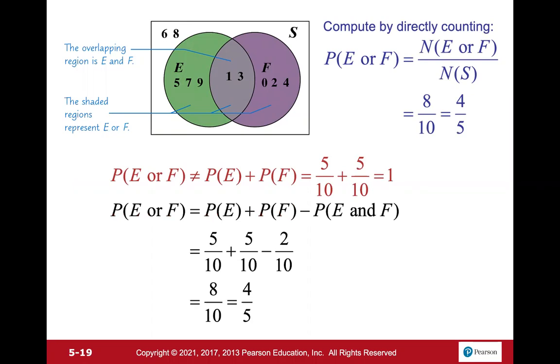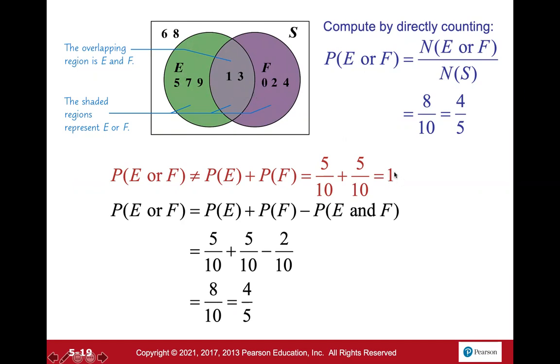All right, so what they're showing here is, computing by N or the number of E or F, we have 8. So we have 1, 2, 3, 4, 5, 6, 7, 8. That's where they got that 8 from. If we were to have followed the original rule and looking at these numbers, so all the odd numbers, 1, 2, 3, 4, 5, plus probability of F being less than or equal to 4, we have 5 of those.